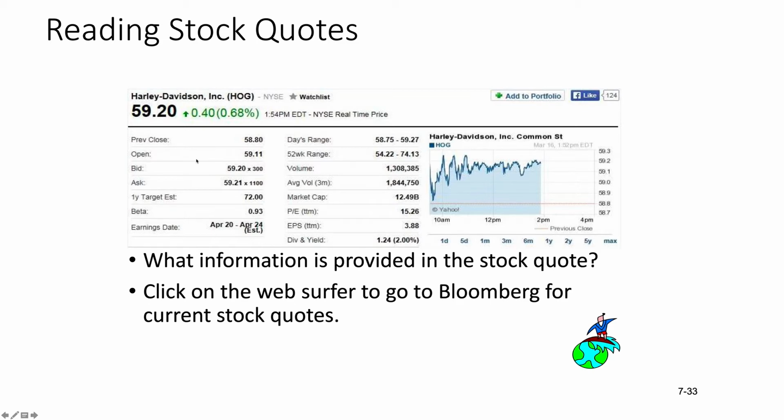They have the day range, trading from 58.75 to 59. If you look at the chart, it just shows you the Harley Davidson stock price for that particular day, in the morning going down, going up, or going down. You see, very volatile. The price quotation gives you this information.